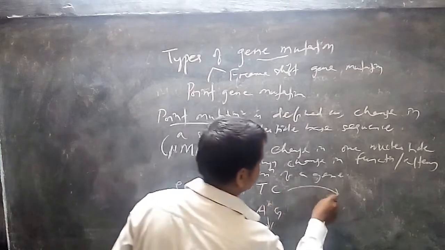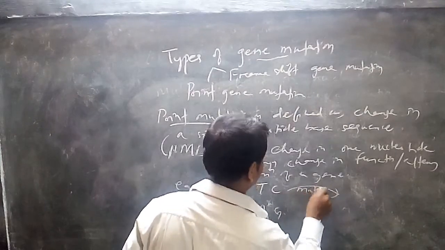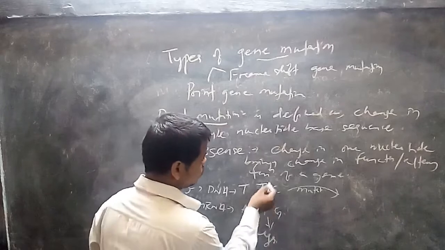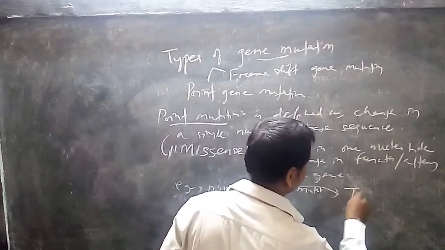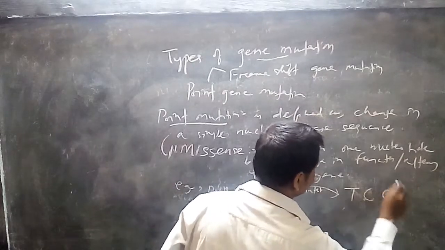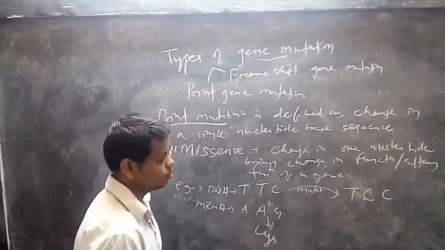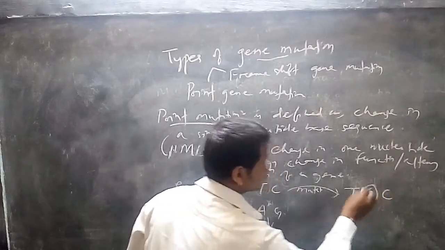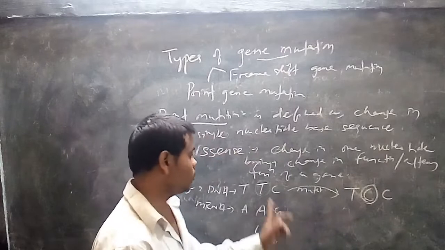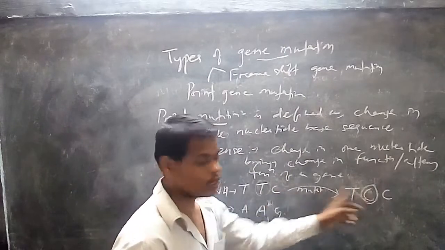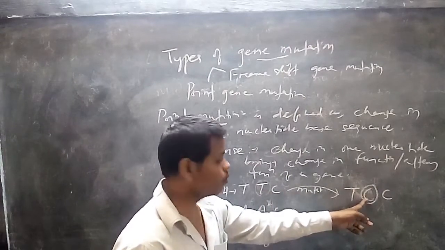When mutation occurs, suppose in this thymine place, TCC, in place of thymine cytosine is added, then a change in the nucleotide base sequence occurs at one nucleotide.